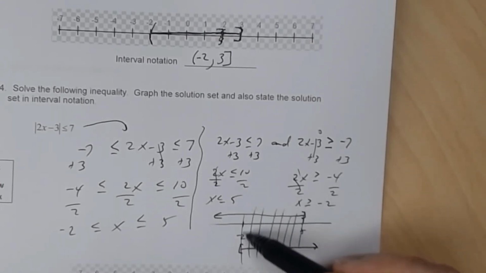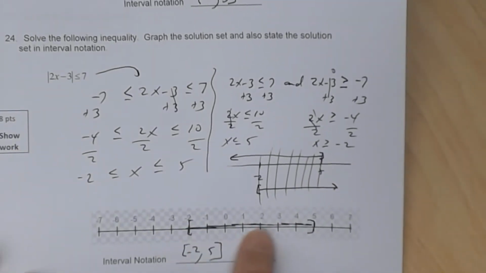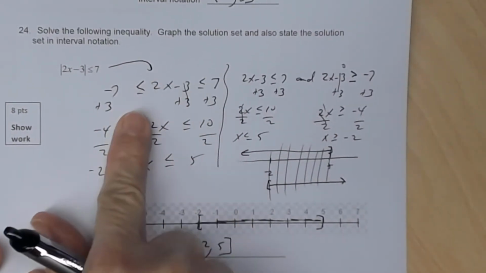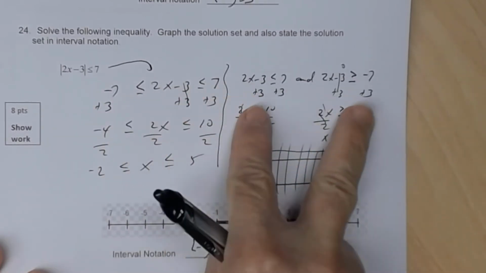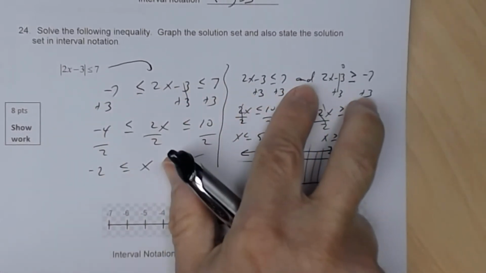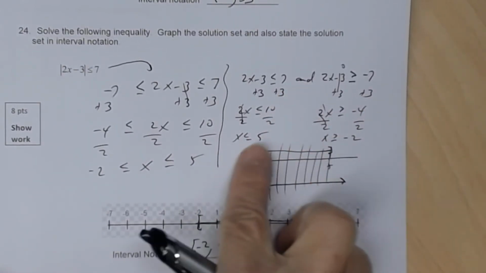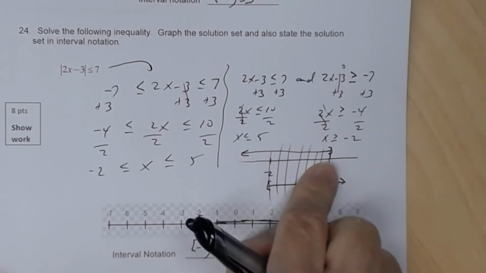They overlap from negative 2 to 5, and that's what this is. If you did not do it this way, which is the way we emphasized in class, then you could have split it apart, but remember that's an and statement, so you had to use the word and, and you had to recognize that the solutions would be the intersection of the two.